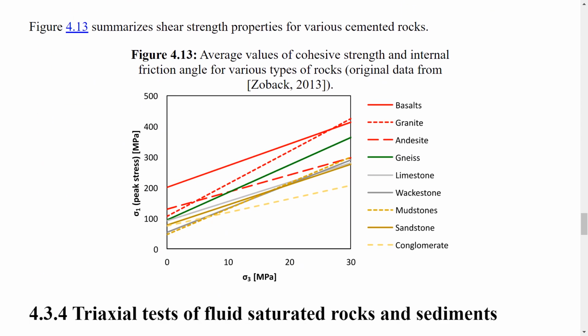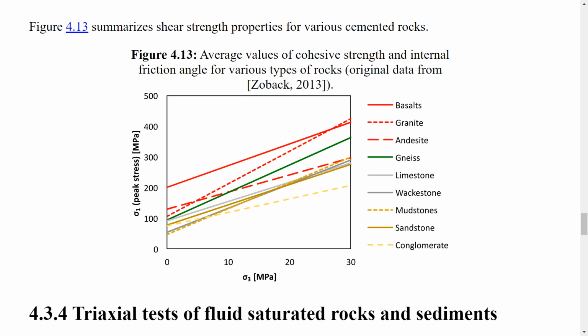And just for you to have an idea about typical values of strength of rock, here you can see the UCS of different types of rocks. Usually sedimentary rocks here in brown have lower values than igneous rocks. And carbonates, it depends. Some carbonates are very tough, very strong.